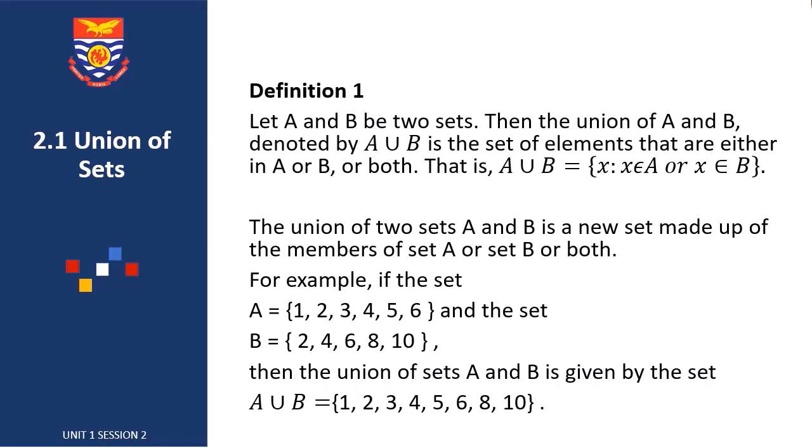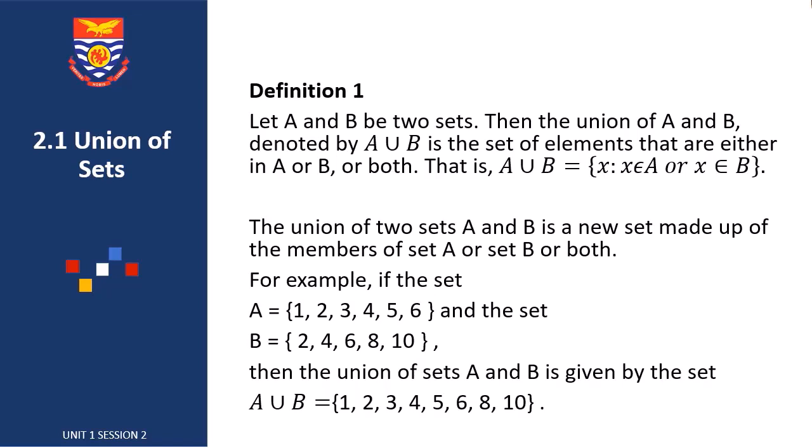And when you are bringing them together, you are very careful about the fact that those elements that are repeated in some of the sets are not written twice, but written once. This means that the union of 2 sets, for example, set A and set B, is a new set that is made up of the members of set A or set B or both.